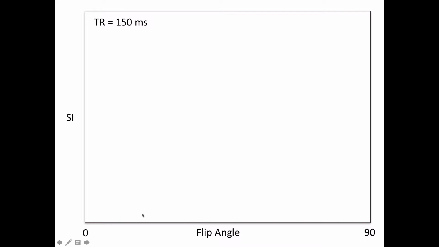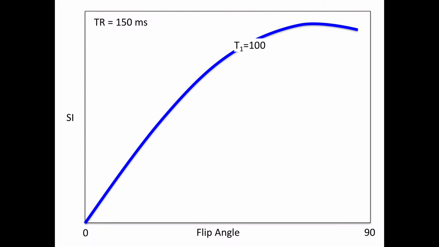What if you want to do a TR of 150 milliseconds? Well, you plot the same things into Excel and you get curves. The curves look different though. So now let's start again with a gadolinium-enhanced tumor with a T1 of 100. The curve looks like this. And notice that the optimal flip angle is about 80 degrees.